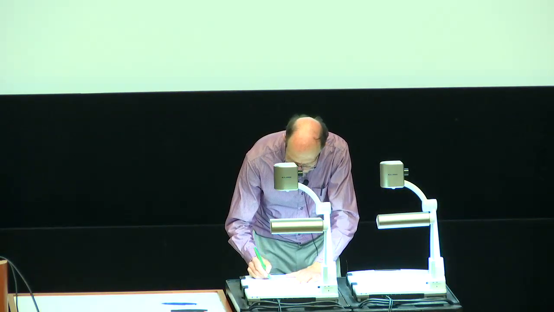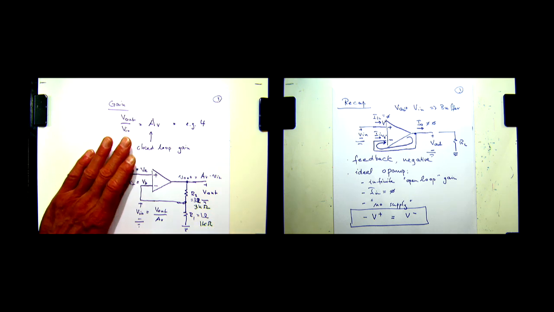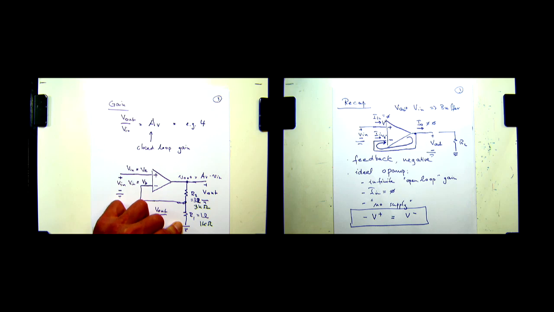Okay? So by the way, when you actually build this, you're probably not going to use 3 ohm and 1 ohm resistors, but it would work just as well, actually better, if you use 3,000 ohm and 1,000 ohm here. Why is that preferable? Anybody has an idea? Yes. Okay, it will consume less power. So obviously there is going to be current flowing through these resistors. If they're very high valued, the current's small.